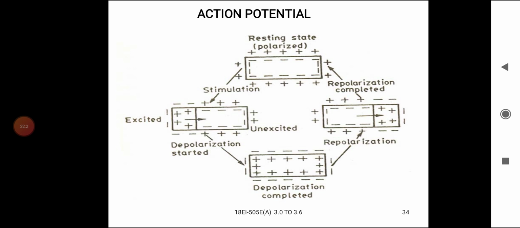This is the action potential. The action potential has a resting state, polarization, and when excited it goes to depolarization. So polarization and depolarization cause ionic current to be generated. Electrochemical voltages or potentials are generated from human cells.